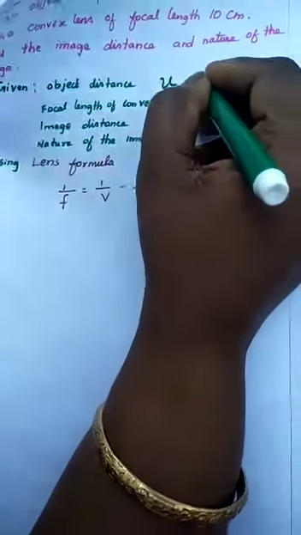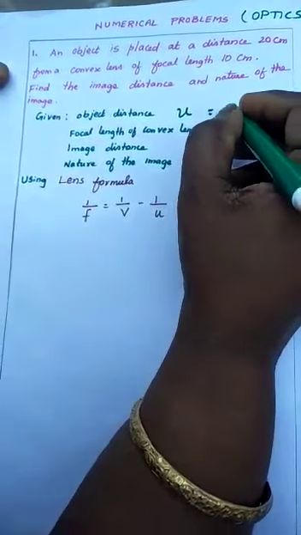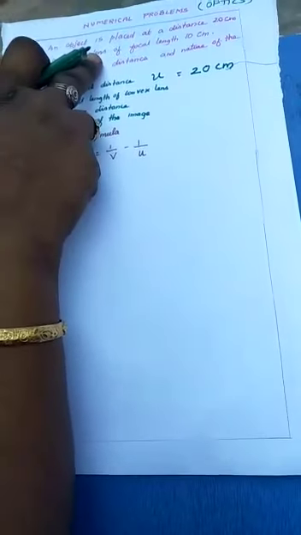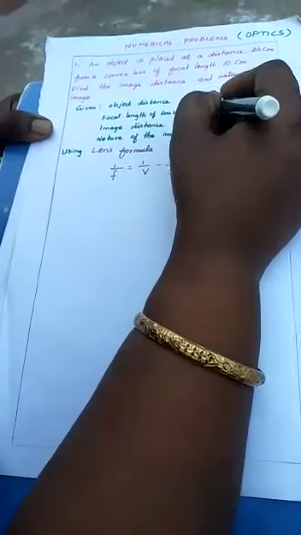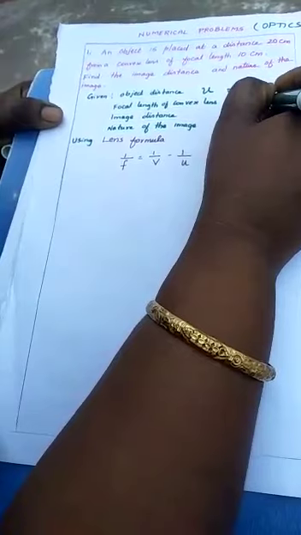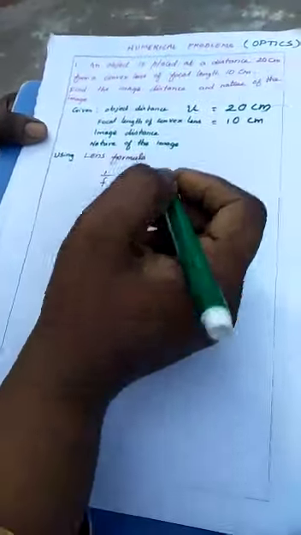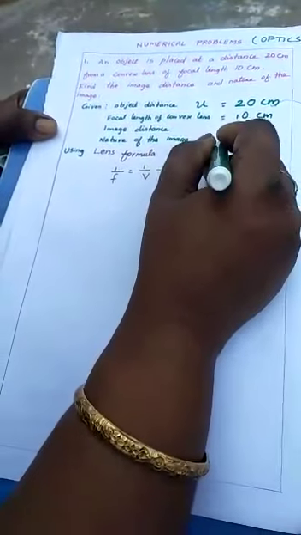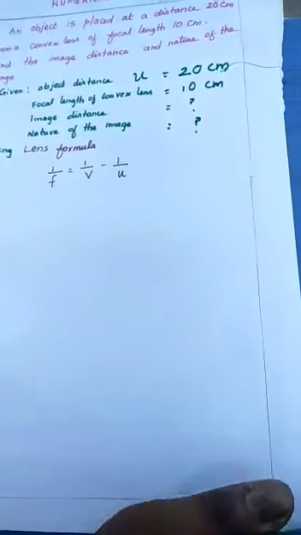Object distance u equal to 20 cm. Next, focal length of the convex lens is 10 cm. We have to find the image distance and also the nature of the image.